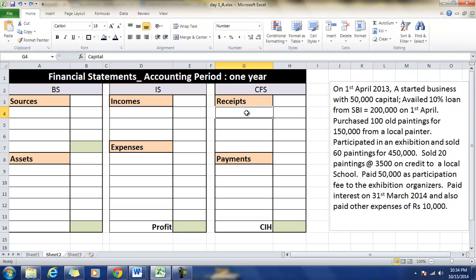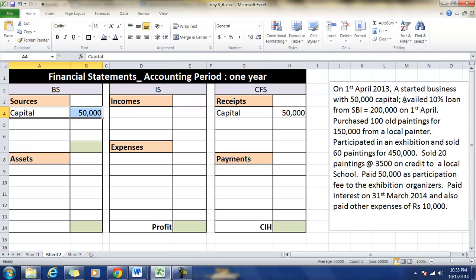So that means the business has received capital of 50,000, and this receipt of cash is not an income but a source. So a receipt resulted in creation of a source.